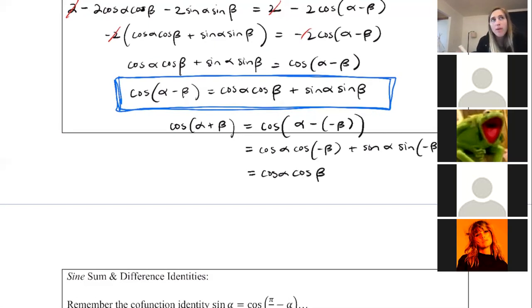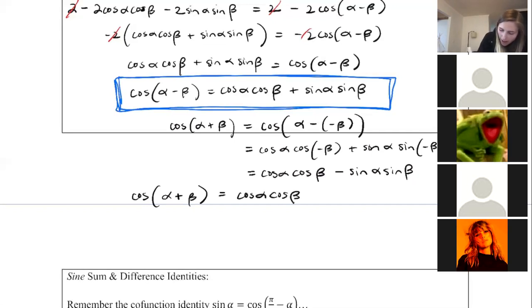Sine of negative beta would be negative sine of beta because sine is odd. So we could change this to be minus sine alpha sine beta. And there's our angle sum identity, our cosine sum identity. So cosine of alpha plus beta is equal to cosine alpha cosine beta minus sine alpha sine beta.